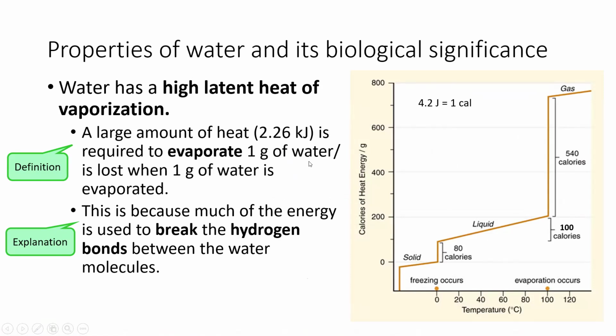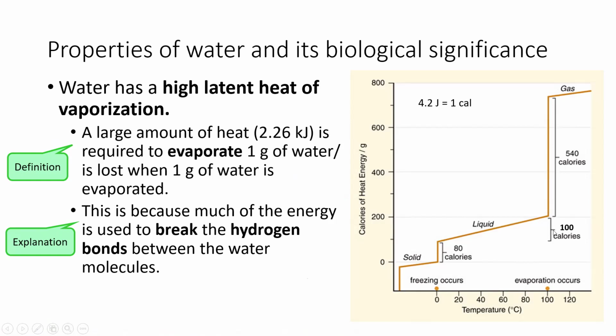So this large amount of heat is used to break the hydrogen bonds between the water molecules and to evaporate it, so as to change the state from the liquid state to the gaseous state.